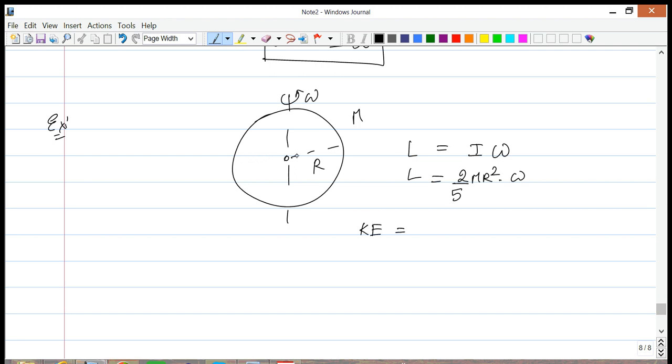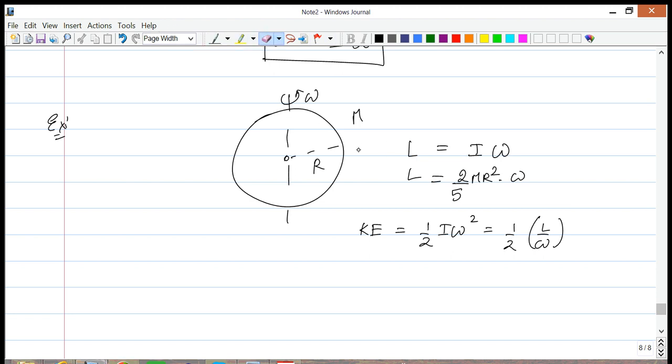energy is, if you recall, equal to 1/2 times I times omega square.